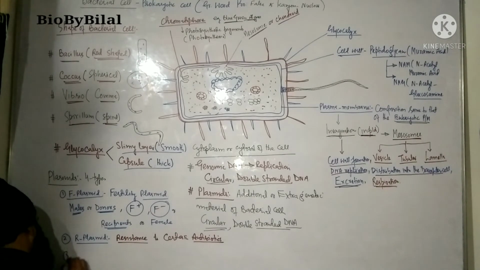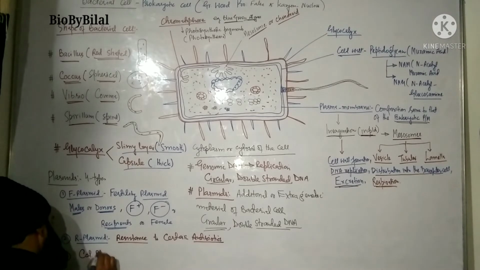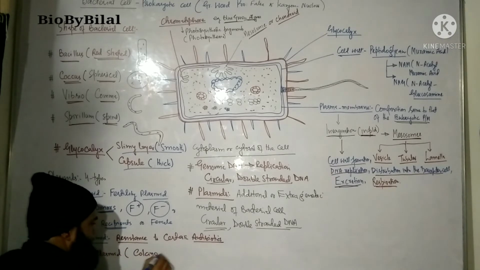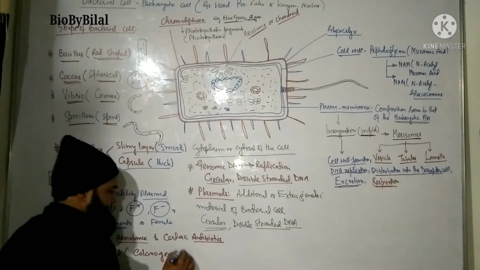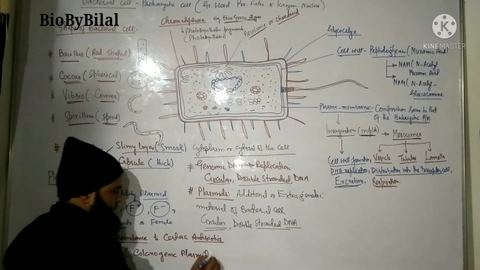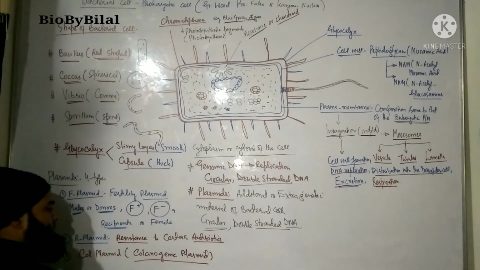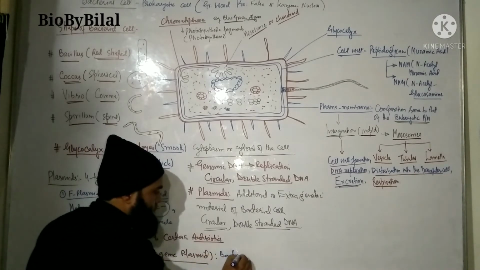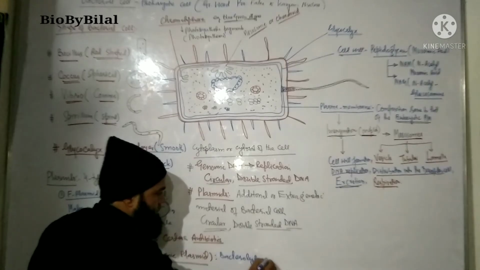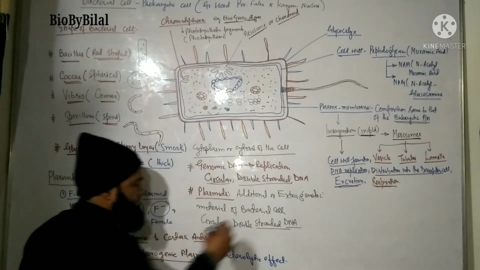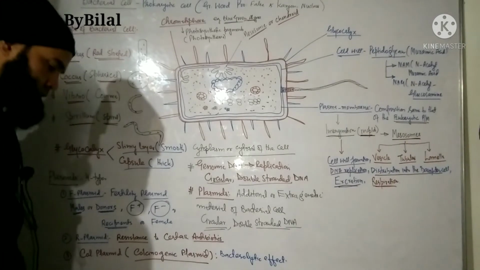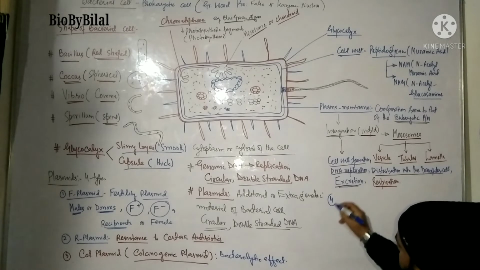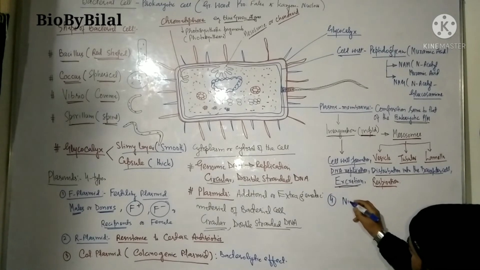And the third category is called the col plasmid. This col plasmid is actually called the carcinogenic plasmid. And these plasmids have a role in bacteriolytic effect. And the fourth and the last type of plasmid is called NF plasmid.